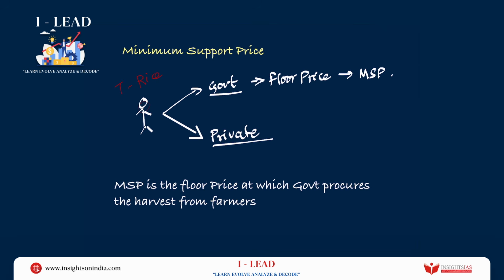The first is that he can go and sell it to the government. The second is that he can sell it outside, in the private market as well. The government basically tells Tejas, I am going to procure your rice at, let's say, for example, 30 rupees.